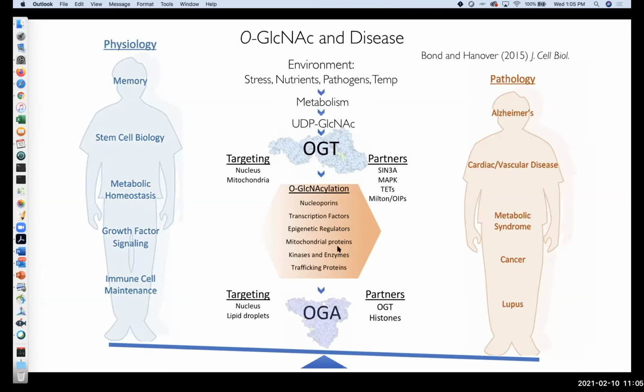There's really just two enzymes, OGT and O-GlcNAcase, which mediate this pathway. Environmental nutrient information is integrated through metabolism to create UDP-N-acetylglucosamine. This is then the substrate by which OGT modifies its many partners. And we'll be talking about those partners today and the effects of the modification on the partners.